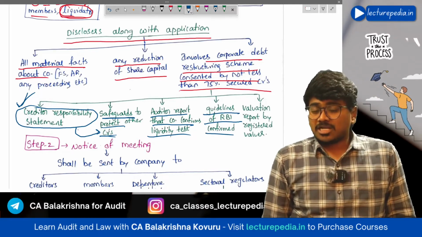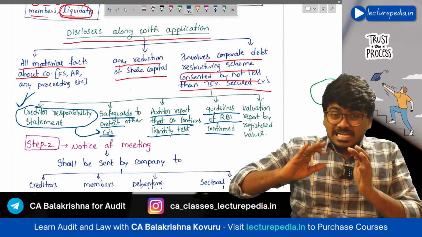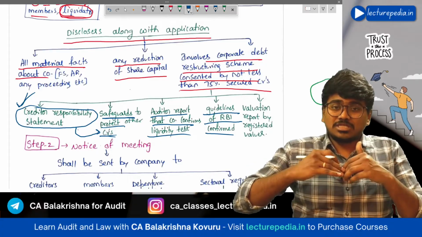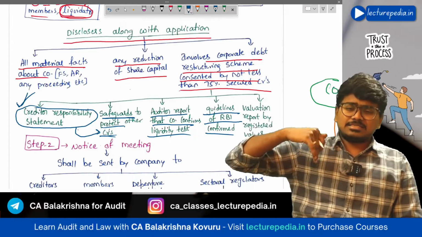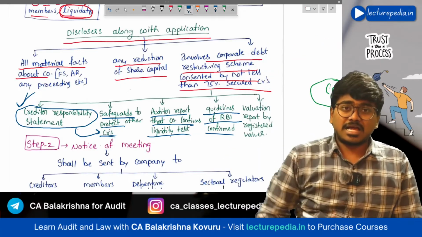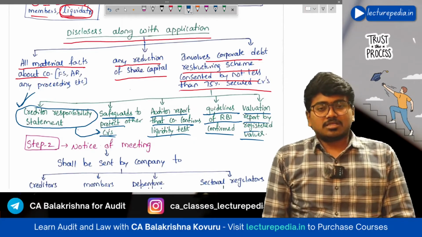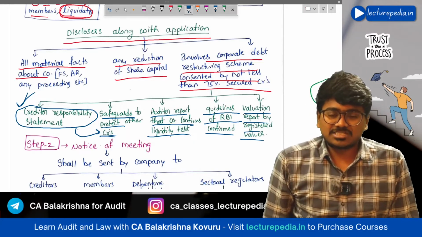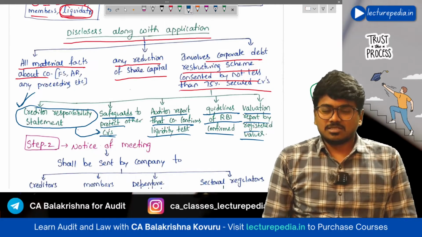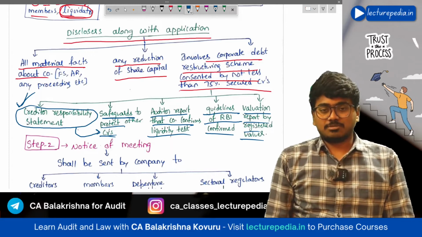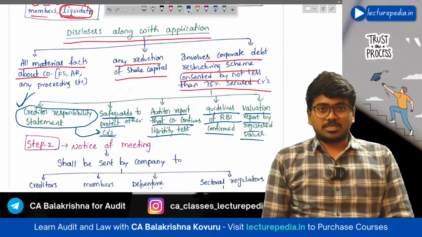The creditor responsibility statement should also include that the company, while entering into this corporate debt restructuring scheme, will comply with all the guidelines issued by the Reserve Bank of India, and a valuation report by a registered valuer. The valuation report of assets of the company should also form part of this creditor responsibility statement. And this valuation will obviously be done by a registered valuer.